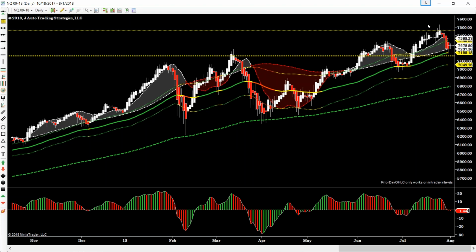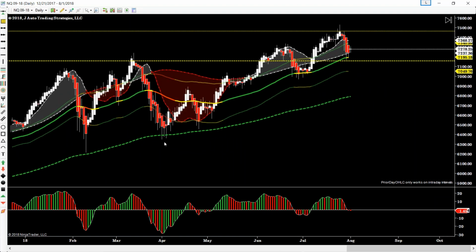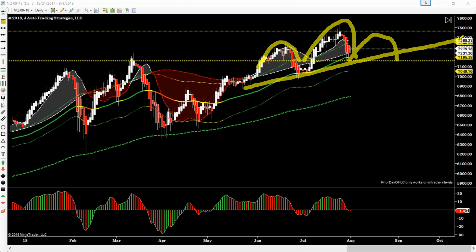But this definitely is looking like a head and shoulders top. Left shoulder, head. So all we need is the right shoulder. And it looks like the neckline would be right there.